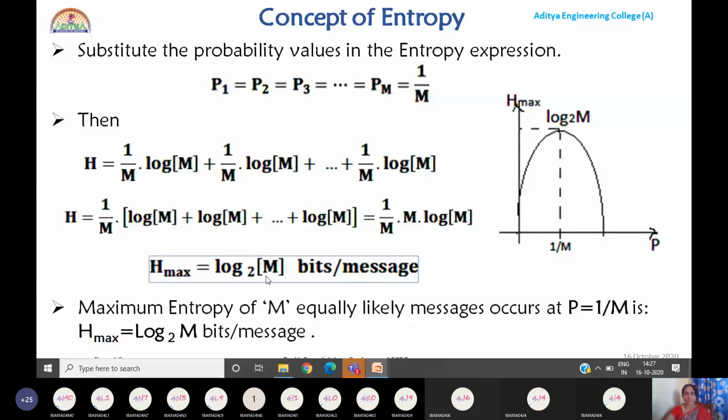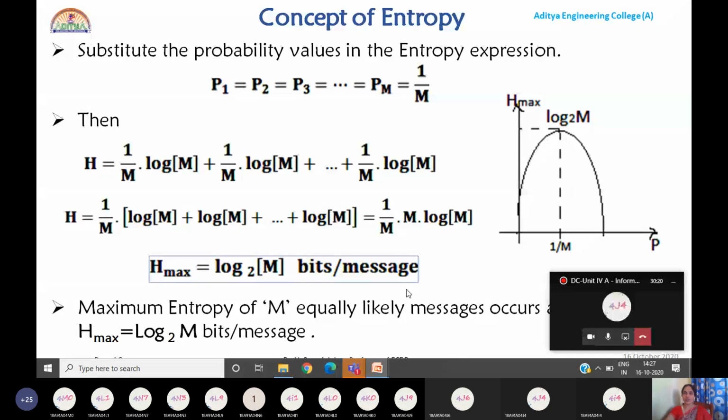And its entropy is how much? Its entropy is log m base 2. So please observe this graph shown here. In this graph you can observe the characteristic between H max, that is the maximum entropy on the y-axis, versus probability on the x-axis.